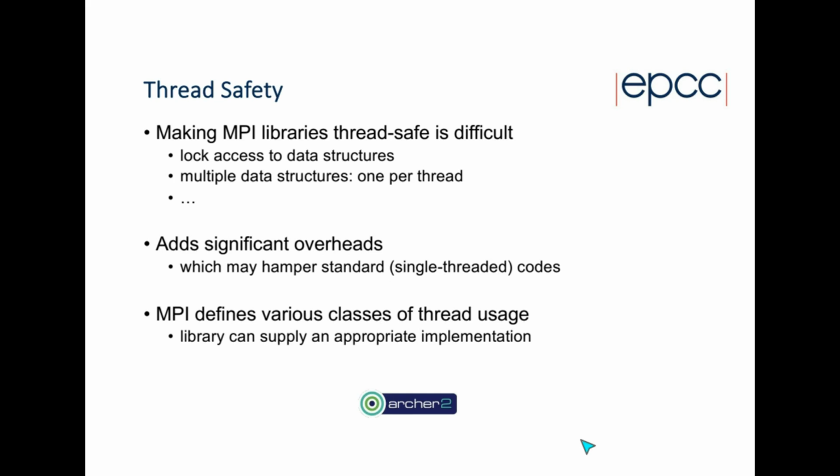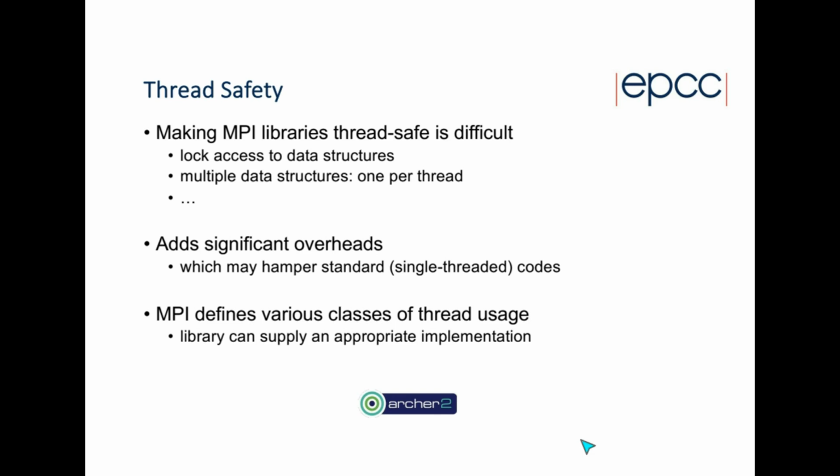The need to have internal message queues and do message matching inside the MPI library means that an efficient multi-threaded implementation is actually pretty hard. MPI implementers have done a lot of work to improve the efficiency, but it's challenging.